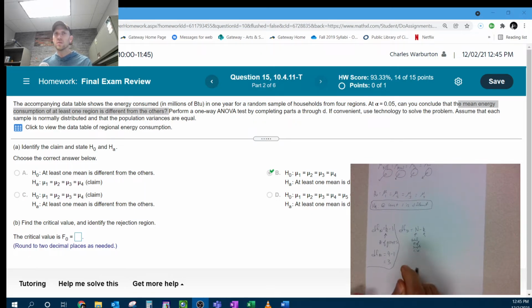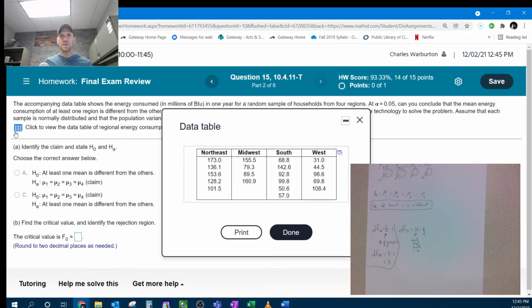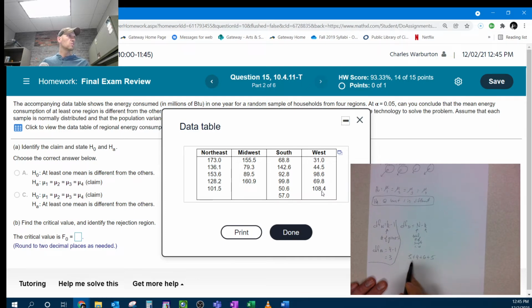All right, so let's see what's going on in this case. Back to the data. We got 5 here, 4 here, 6, and 5, so that's a grand total of 20.